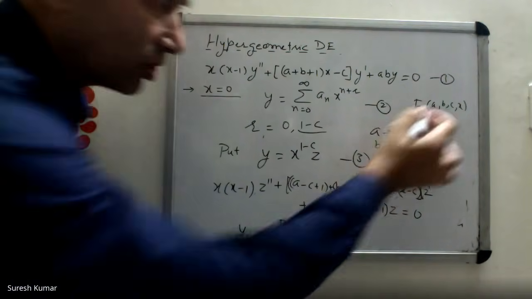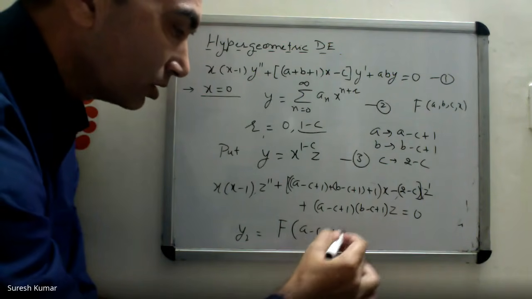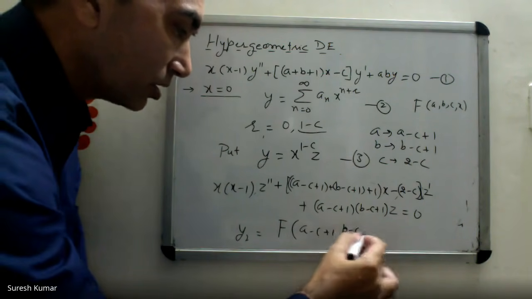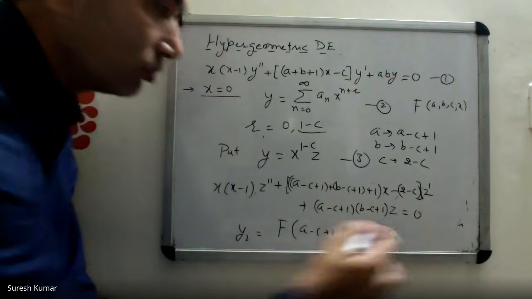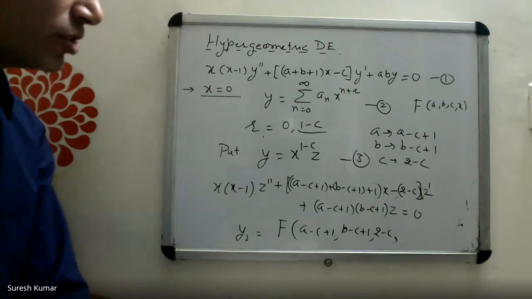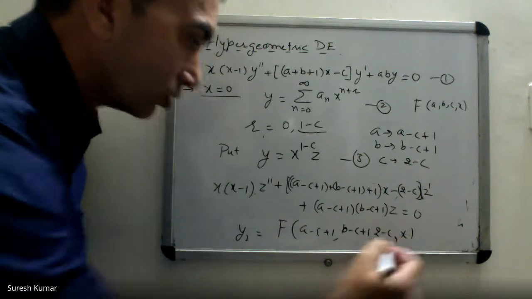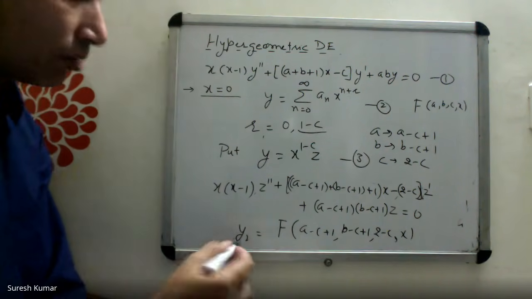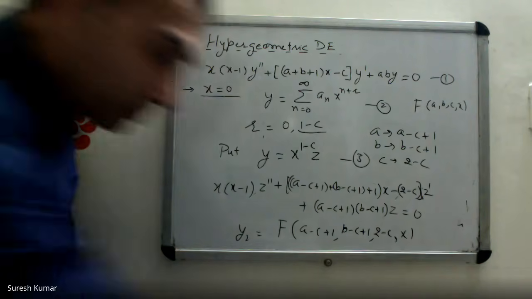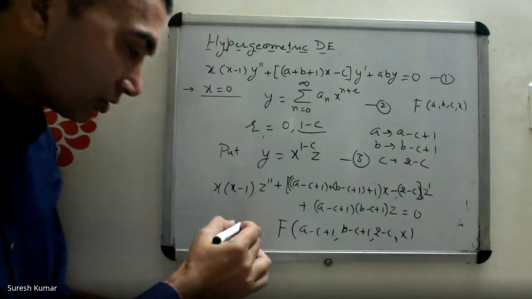But now a, b, c are a minus c plus 1, b minus c plus 1, 2 minus c, and in place of z, what do you have? x? No. x is already there, so you will write x here. But this is the value of z.